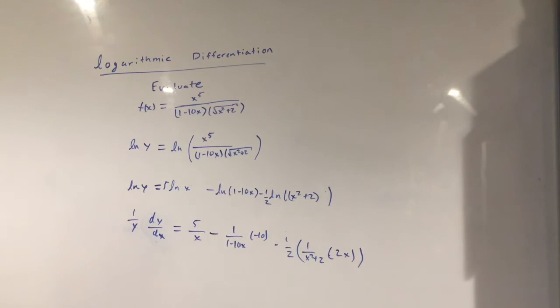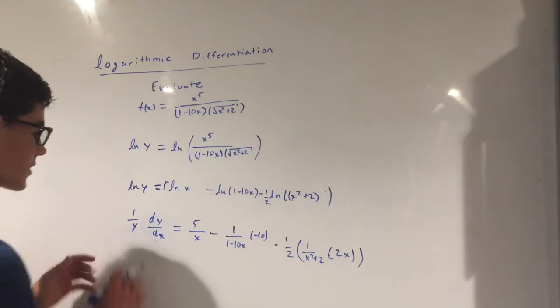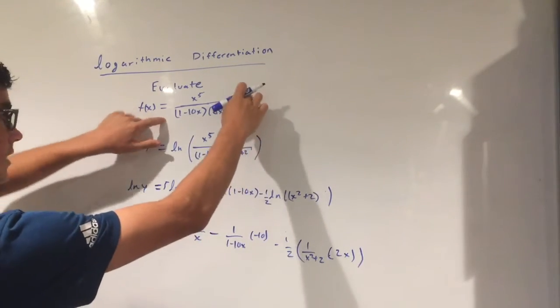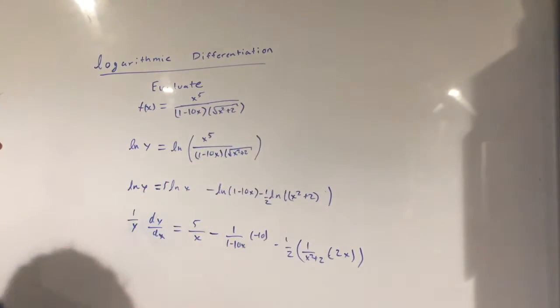And so, from here, what we actually do is we multiply the y over, and we already know what y is. In this case, y is this original function.